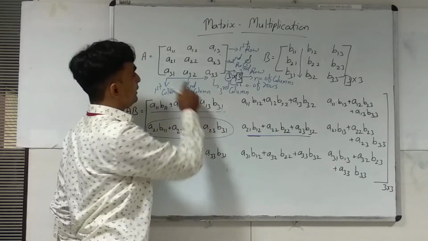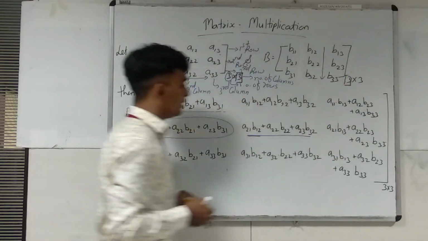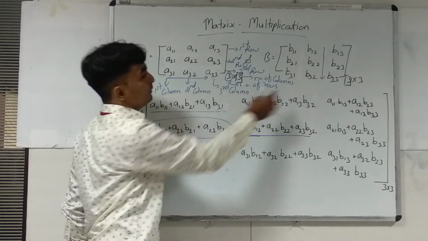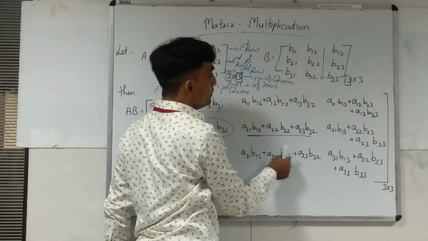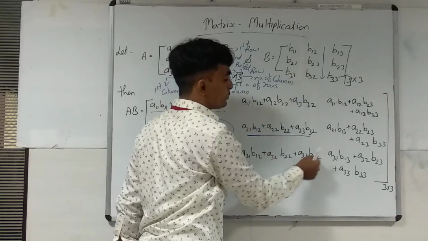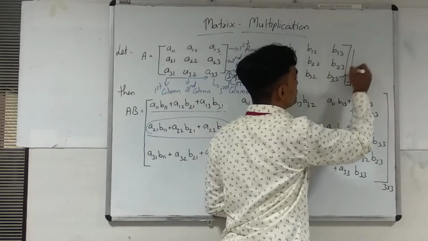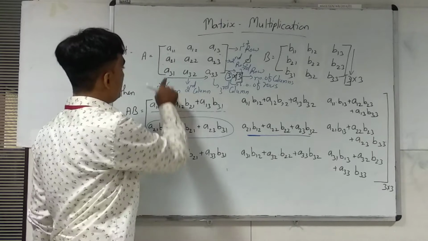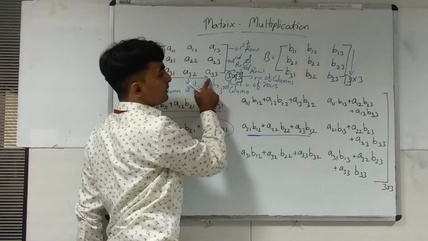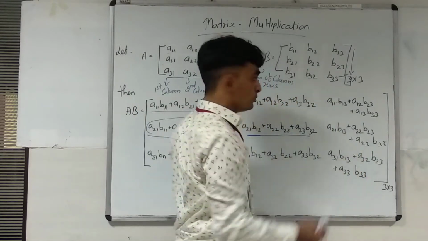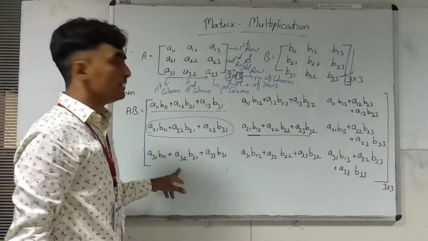Similarly for the second column: A31 B12, A32 B22, A33 B32, and so on for third row, third column. So it is A31 B13 plus A32 B23 plus A33 B33. See here what happens: matrix multiplication is done.